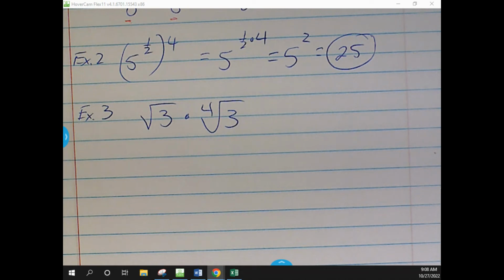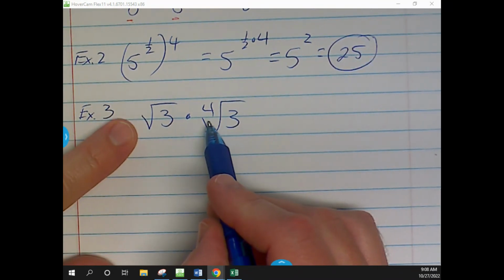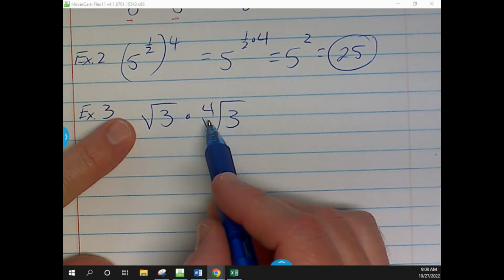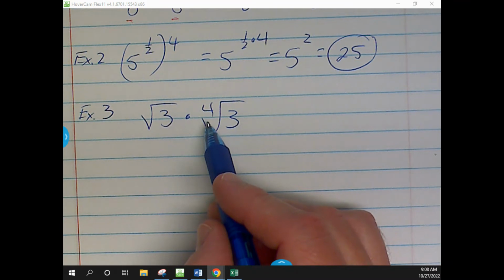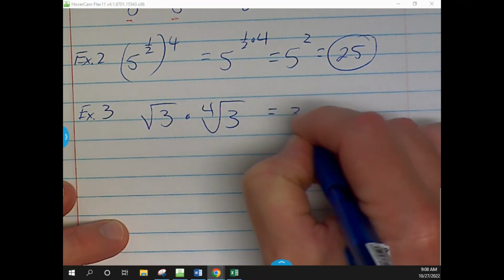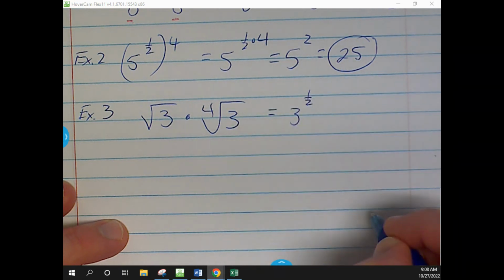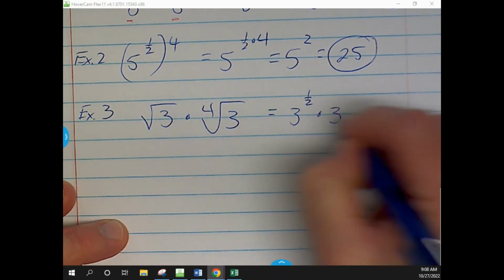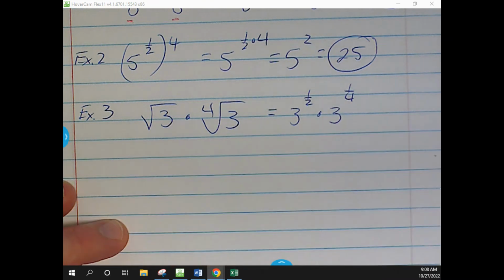And if you flash back to what we were doing yesterday, we're talking about if you're multiplying radicals, the index has to be the same in both of them, right? And here they're different, so most times you'd go, oh, no, you can't do anything with it. But today what we can do is we can actually kind of rewrite it, right? So before we do anything with this one, let's rewrite this as 3 to the 1/2 power times 3 to the 1/4 power.